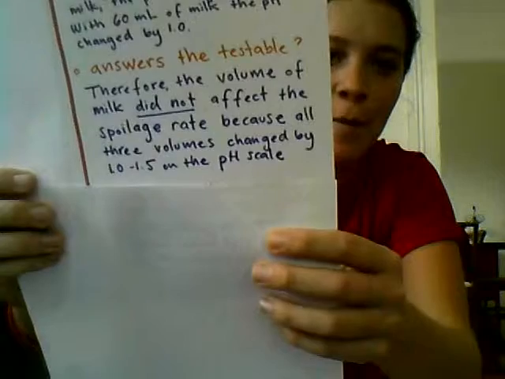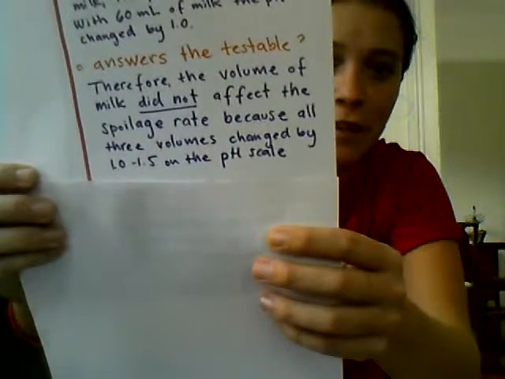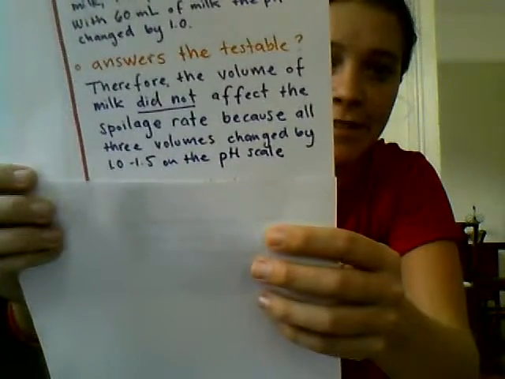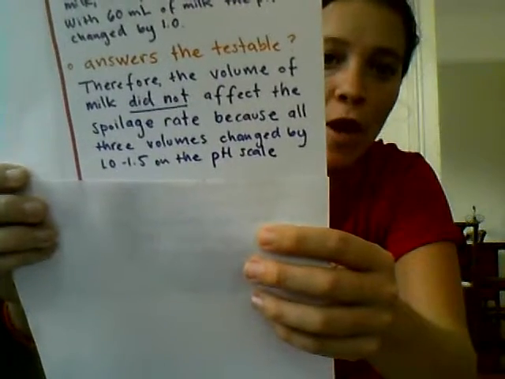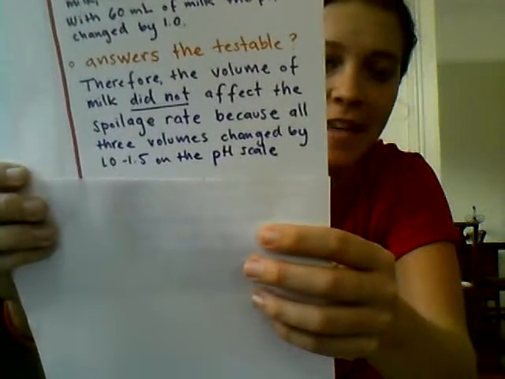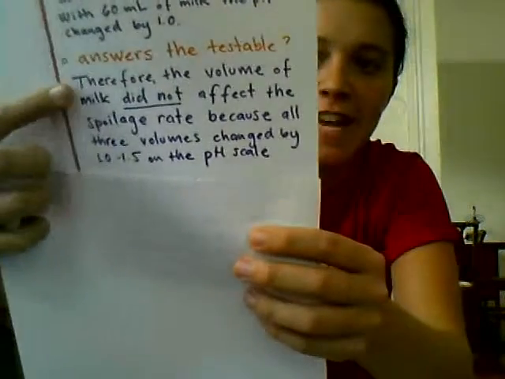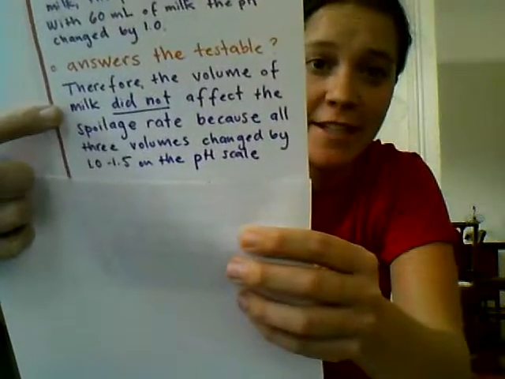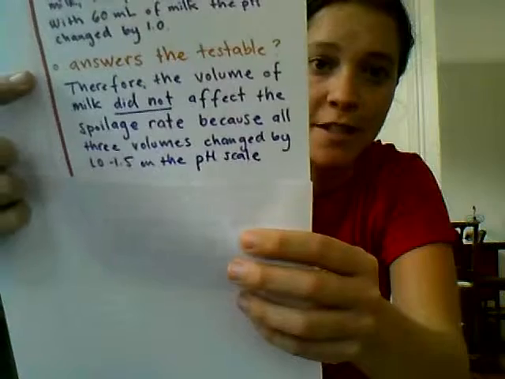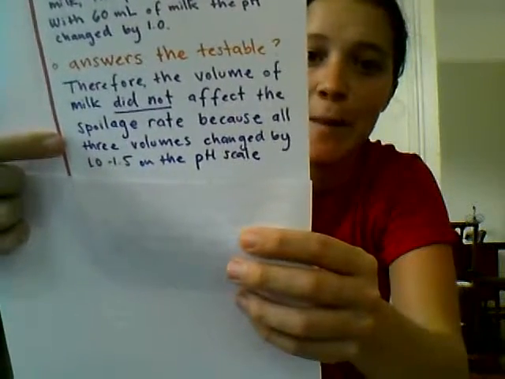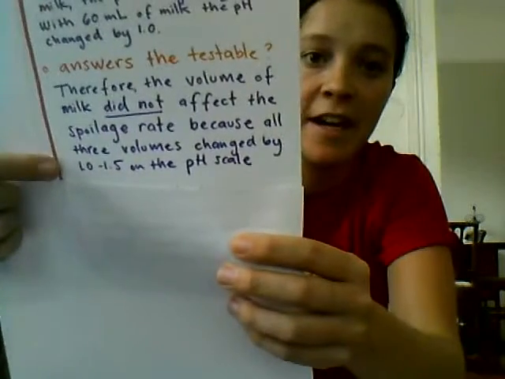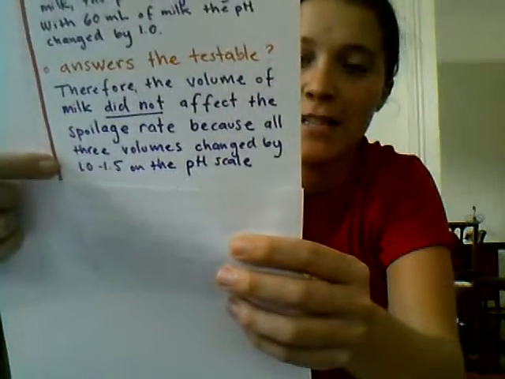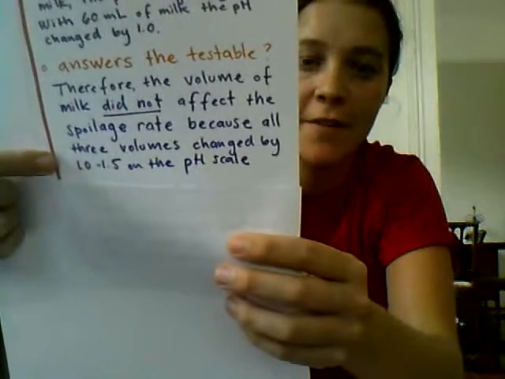Therefore, the volume of the milk did not affect the spoilage rate because all 3 volumes changed by 1.0 to 1.5 on the pH scale. Notice I said that it didn't affect it. I answered my testable question, and then I have that explain part, that because. I know it didn't affect it because the 3 volumes changed by about 1 to 1.5.